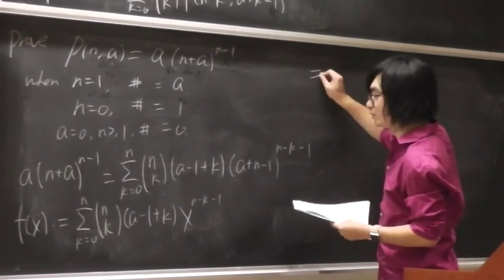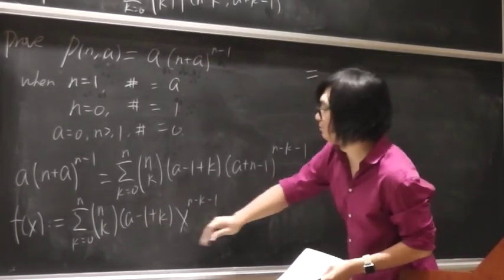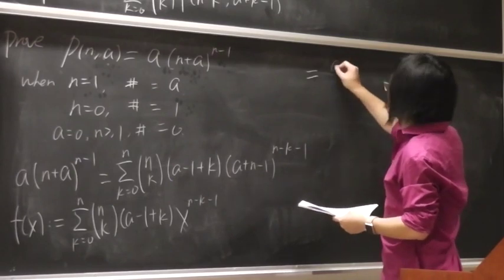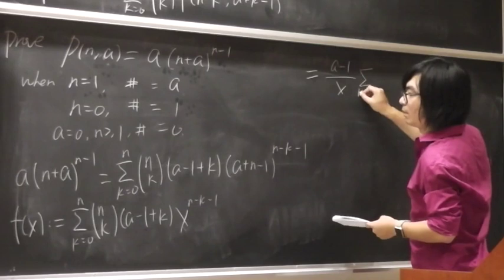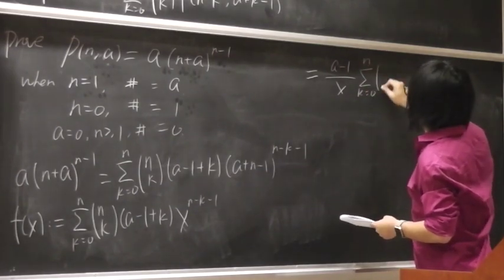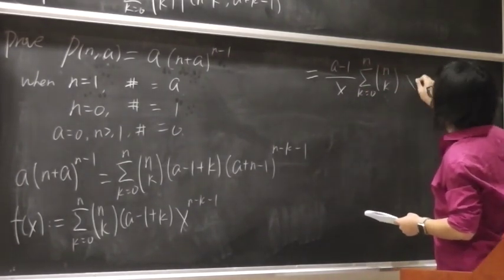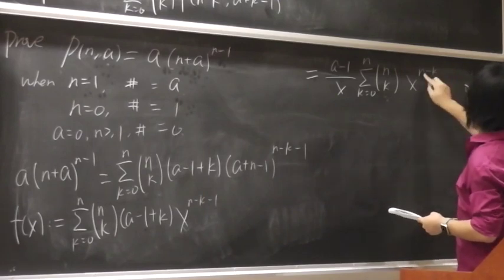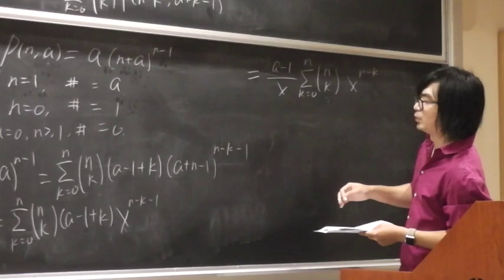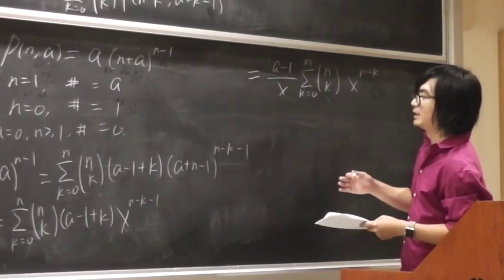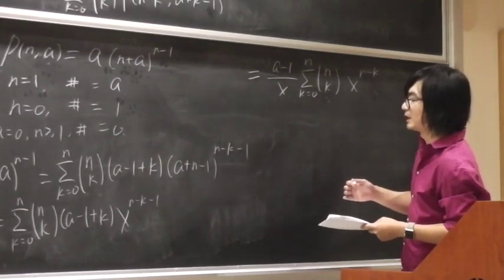This function equals, so we have a minus 1 over x. So the power here will be n minus k. Then the rest is k, but we want to write k as n minus (n minus k).